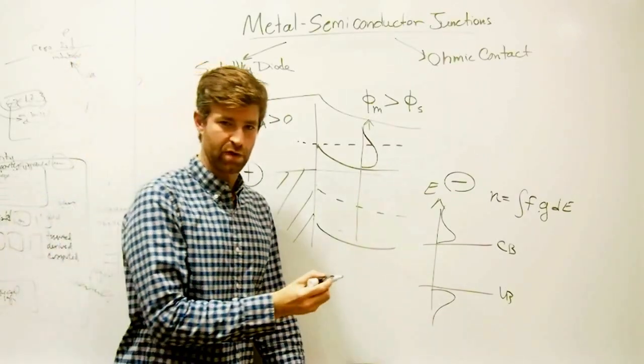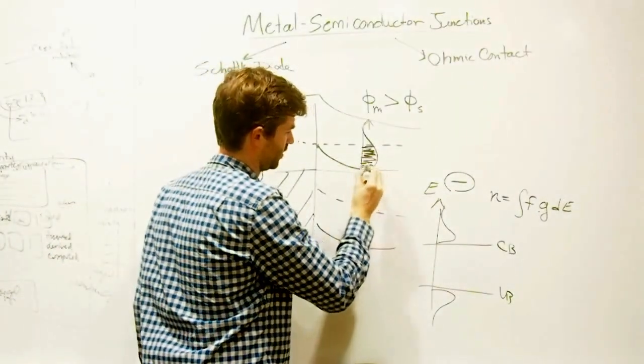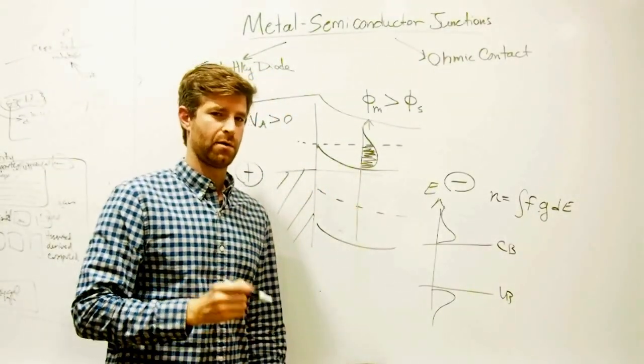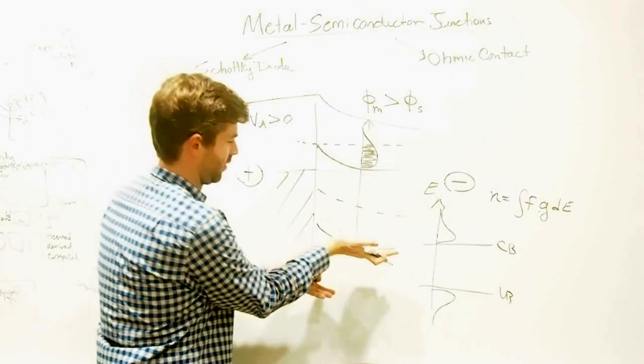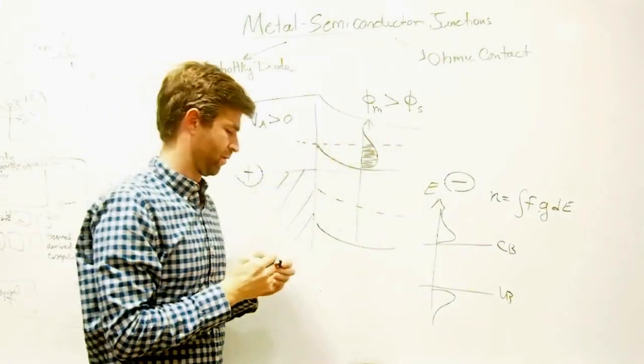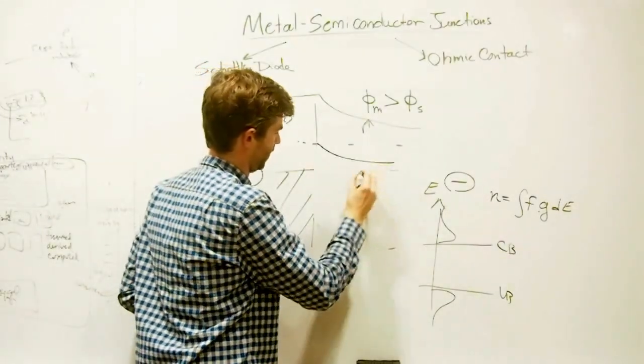So the electron density in this region right here is blocked by this barrier, so it can't pass. However, when we apply a positive bias, we push this up and we lower the barrier right there. We get something like this.